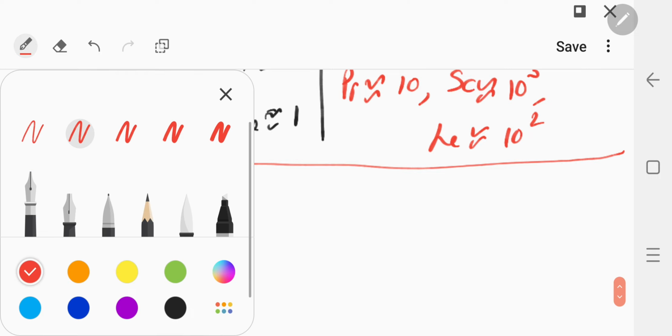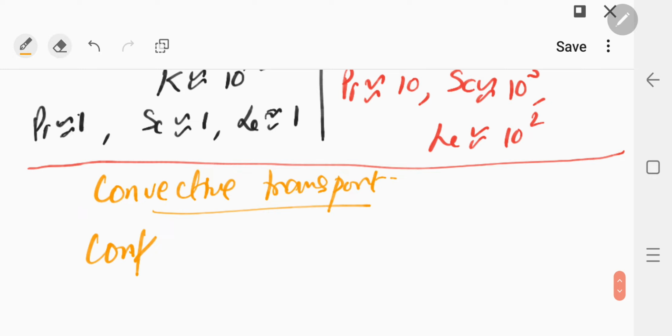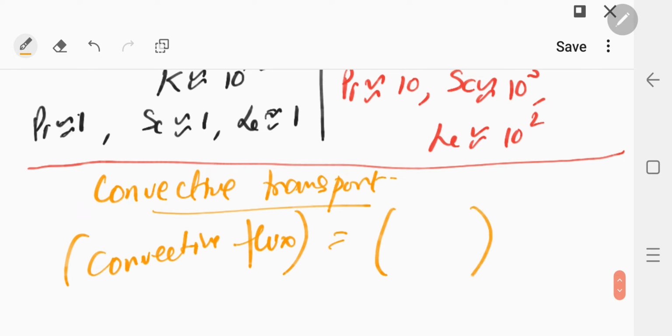Further, we come across convective transport. What is convective transport? Convective flux is nothing but the quantity per unit volume times the velocity, because there is a certain temperature difference in the case of energy.